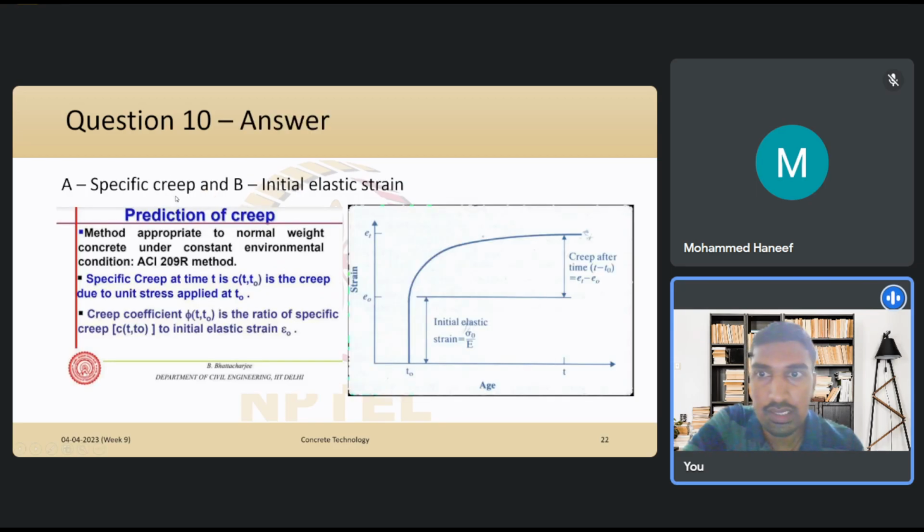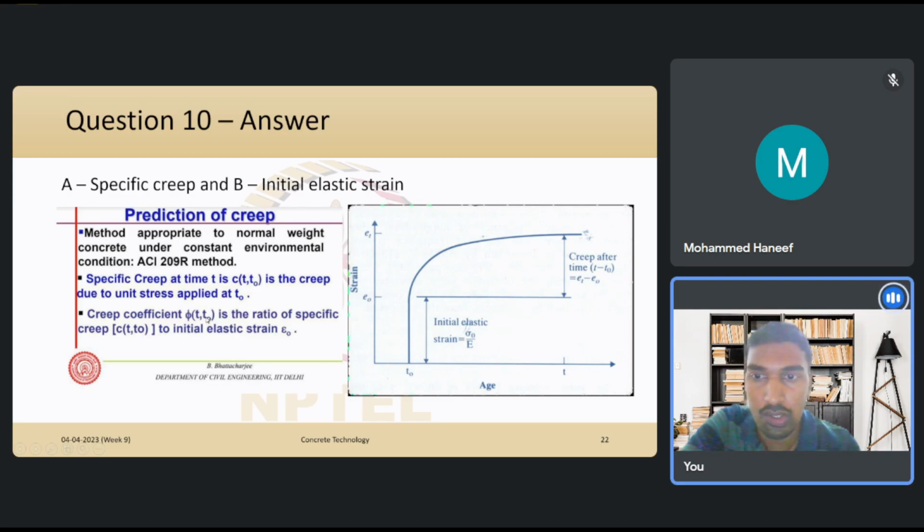The creep coefficient is the ratio of specific creep to initial elastic strain. That is the definition. The creep coefficient is represented using the symbol phi. Phi of t comma t0 is the creep coefficient when the load is applied for a duration of t units of time after the time t0.